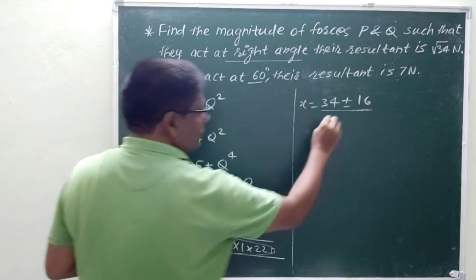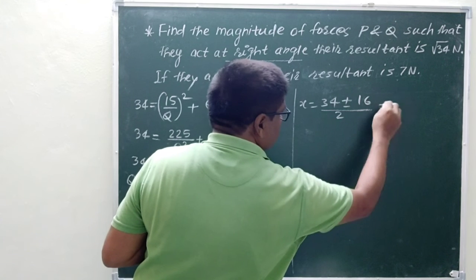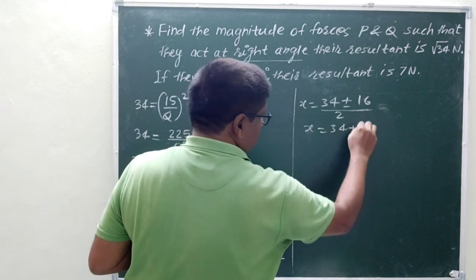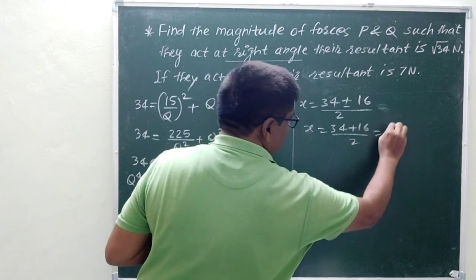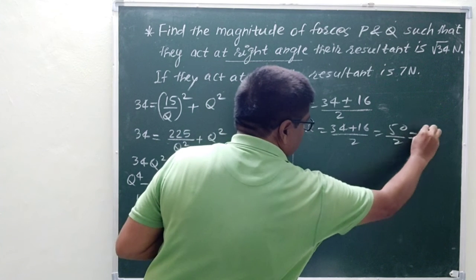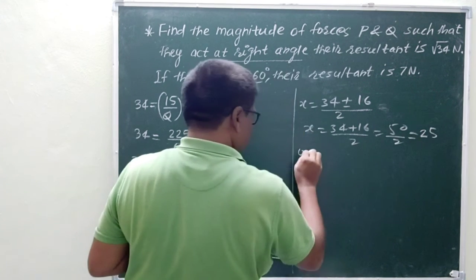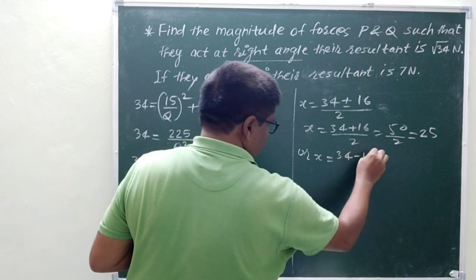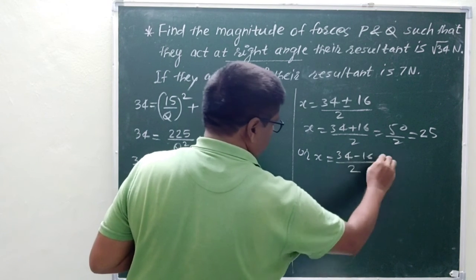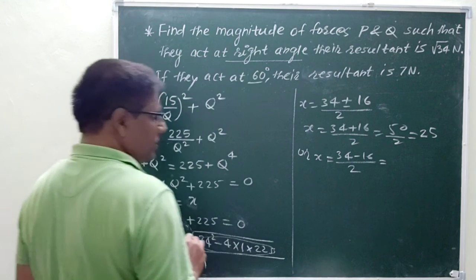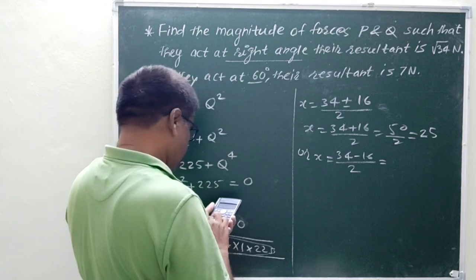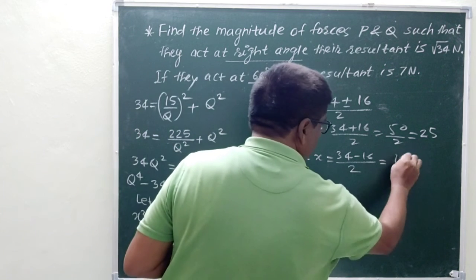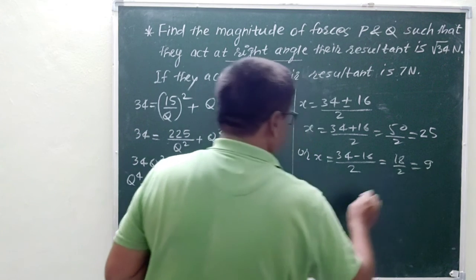Divide by 2. If we take the plus sign, then this is 34 plus 16 upon 2, is equal to 50 by 2, is equal to 25, or x is equal to, if you take the minus sign, 34 minus 16 upon 2, 34 minus 16 is equal to 18 by 2, is equal to 9.